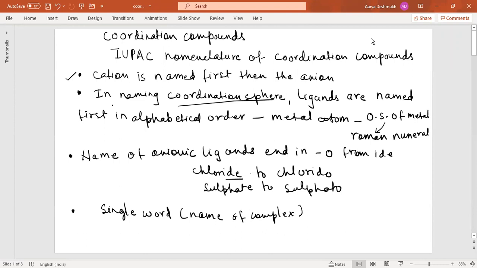So the name of the complex should be written without any space in between. This is important.